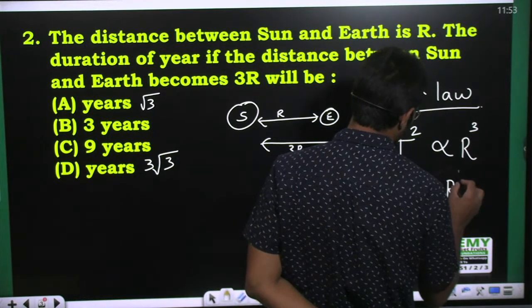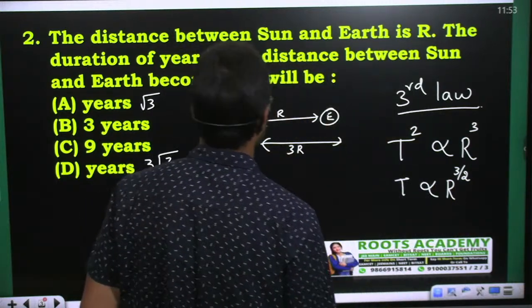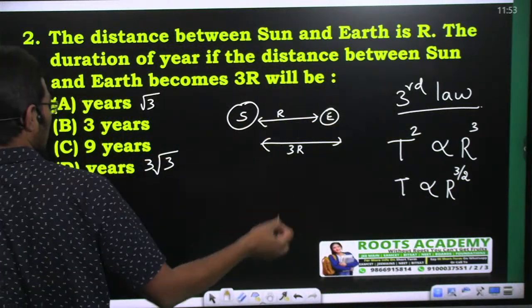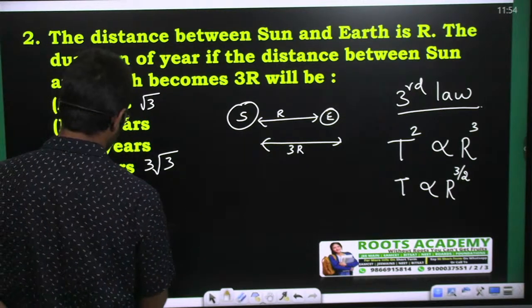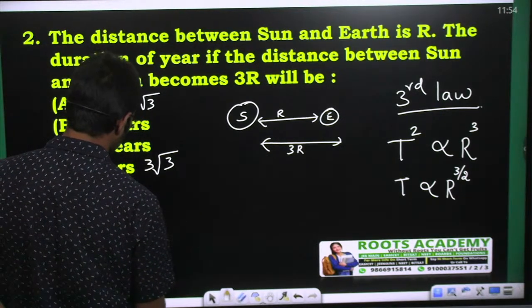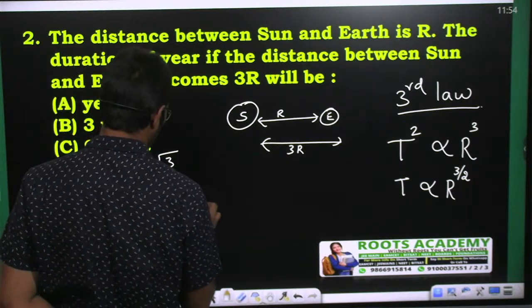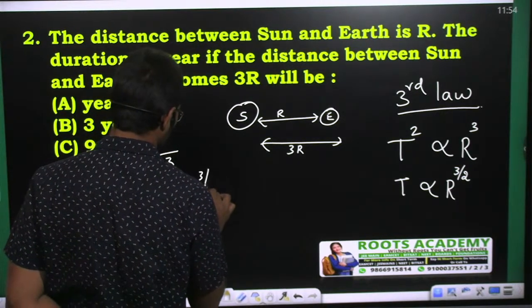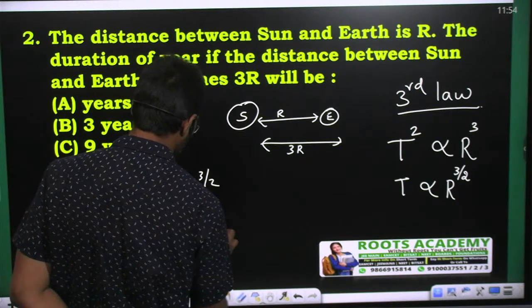So T can be written as R to the power 3/2. From that we can directly make out a simple, easy question. So T1 by T2 is equal to R1 power 3/2 by R2 power 3/2.